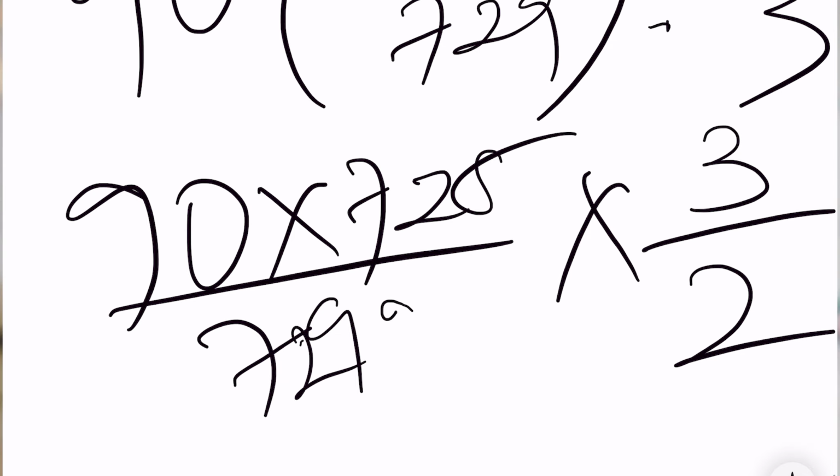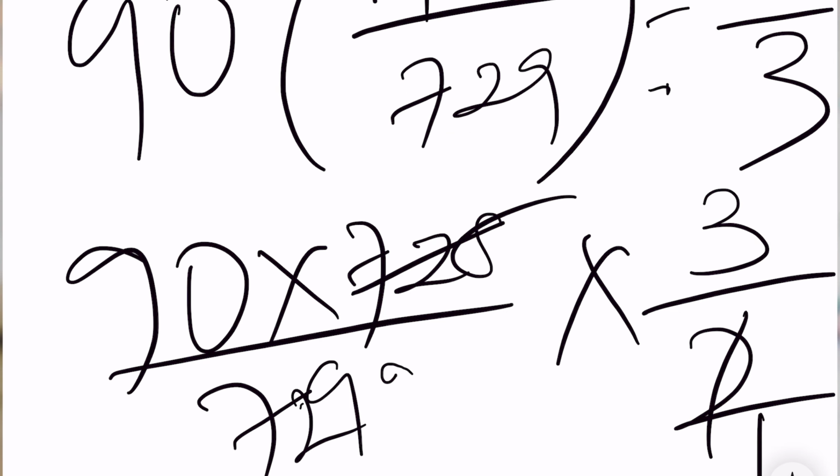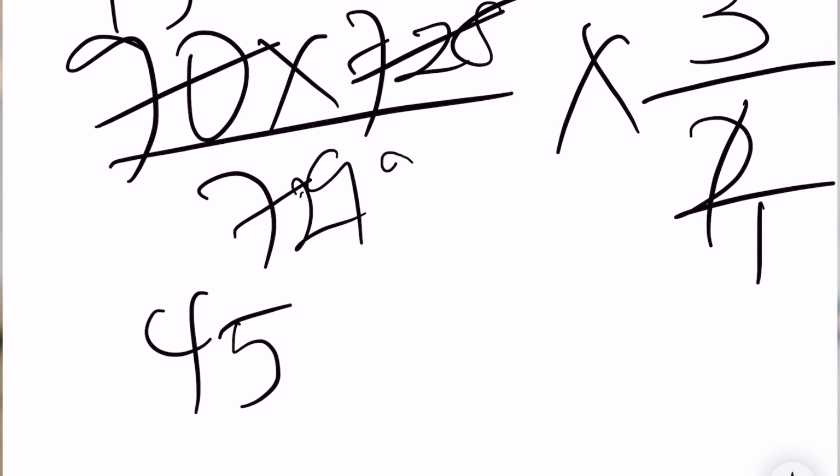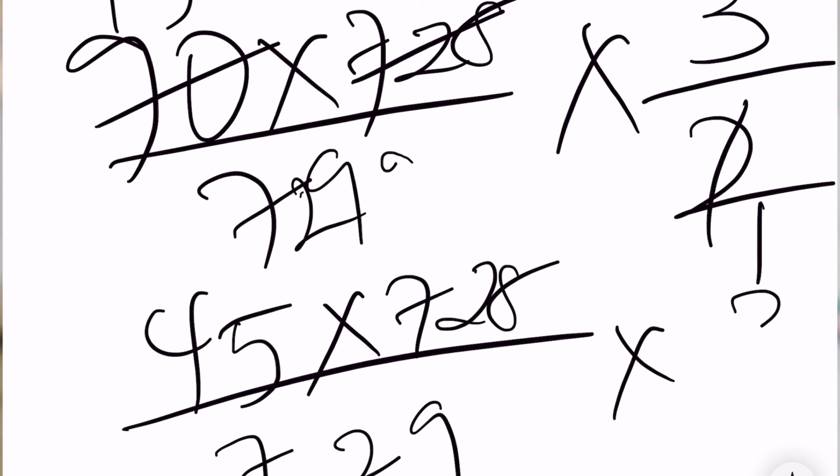You can easily do it like that. We can cancel, and we have 45 times 728 over 729 times 3.